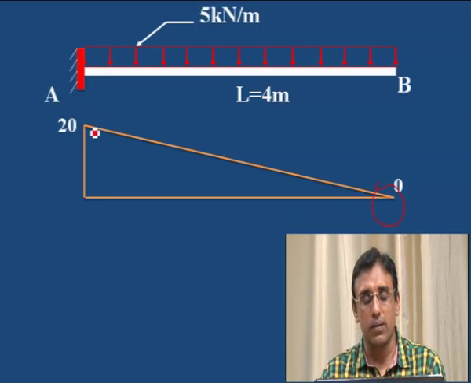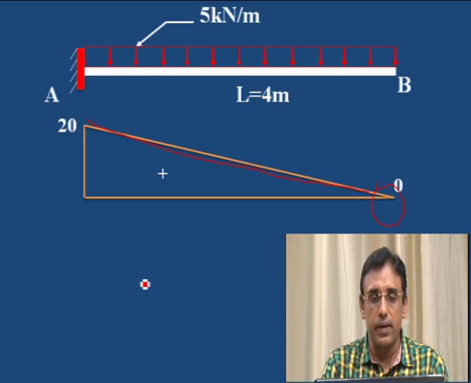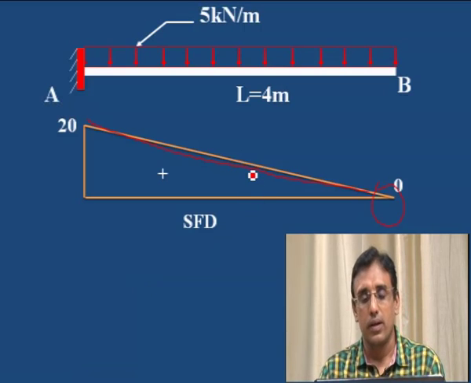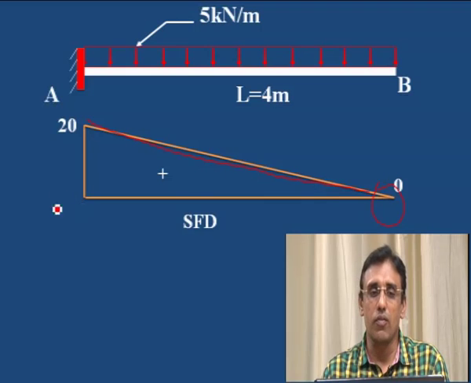Here what we can observe is that this shear force diagram is a sloping line because it is a UDL. It increases from 0 to 20. Whenever the UDL is given, at that UDL portion the shear force diagram is a sloping line.